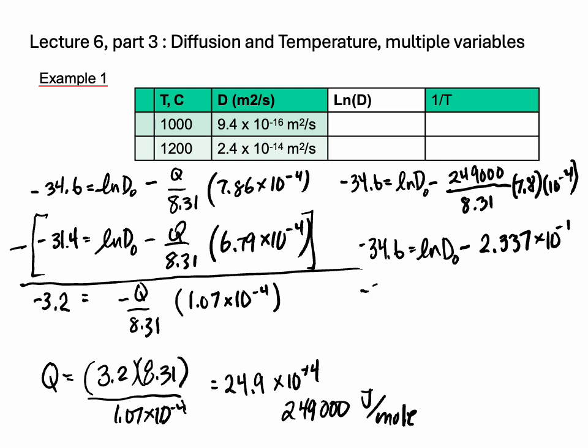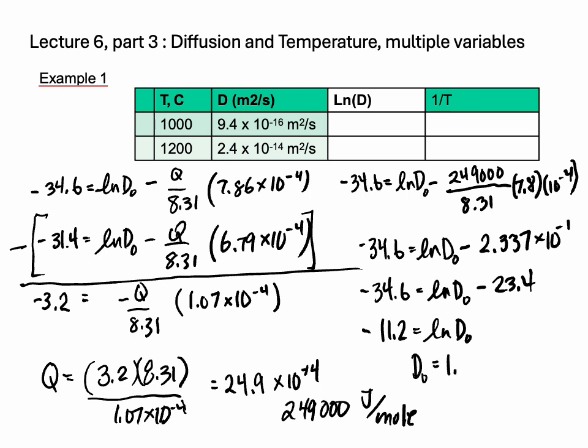Okay, negative 34.6 is natural log of D0 minus 23.4. So move that around to the other side. I have negative 11.2 is natural log of D0. So I take e to the negative 11.2 power, and I get that D0 is 1.37 times 10 to the negative 5 meters squared per second.